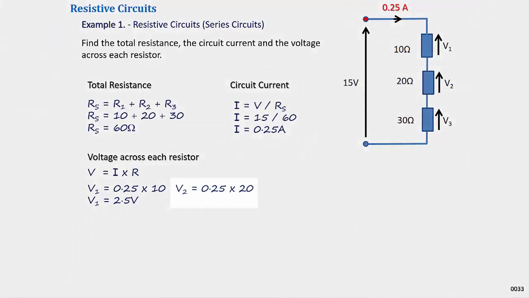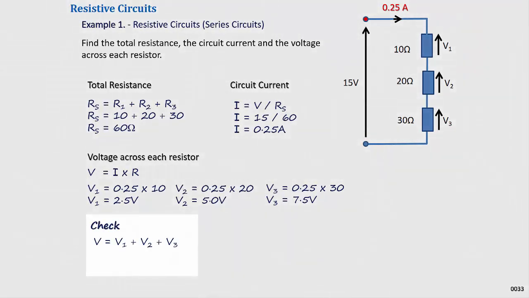V2 equals 0.25 times 20, which equals 5 volts. And V3 equals 0.25 times 30, which equals 7.5 volts.